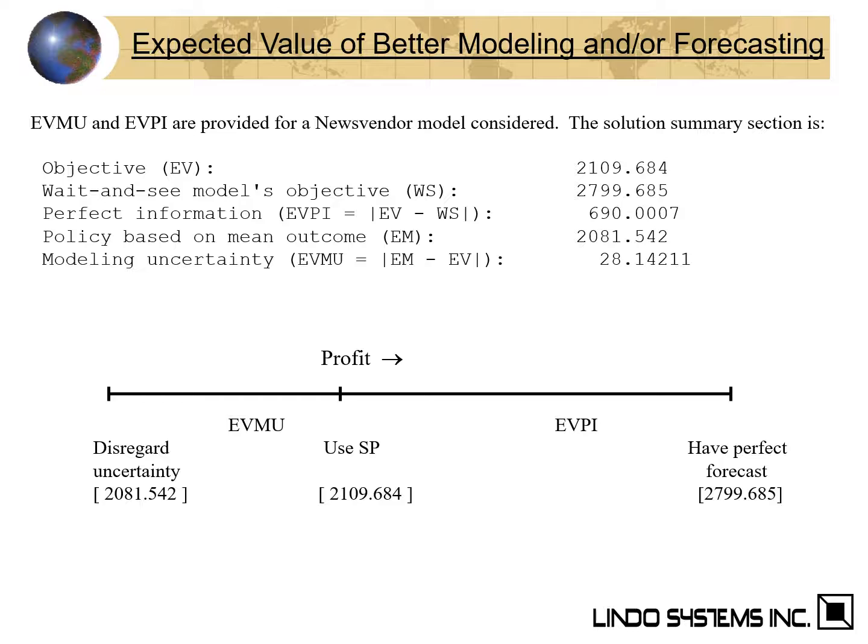On the other hand, if you assume that all random variables always took on their mean value and then made your decision accordingly, but then judged it when in fact the demands are random, the profit of that policy would be 2081. So in this case, the value of modeling uncertainty is about 28, the difference between those two.